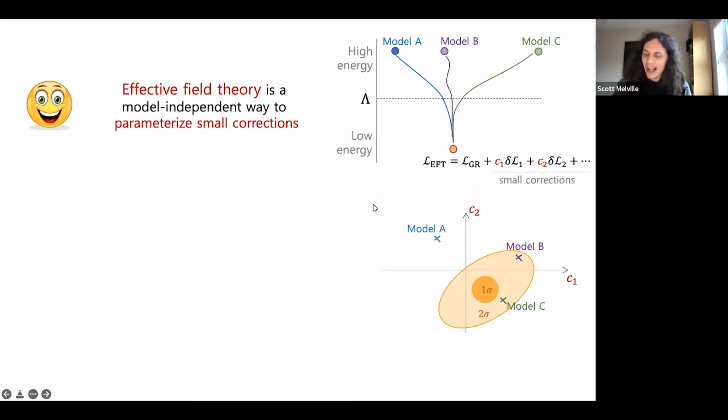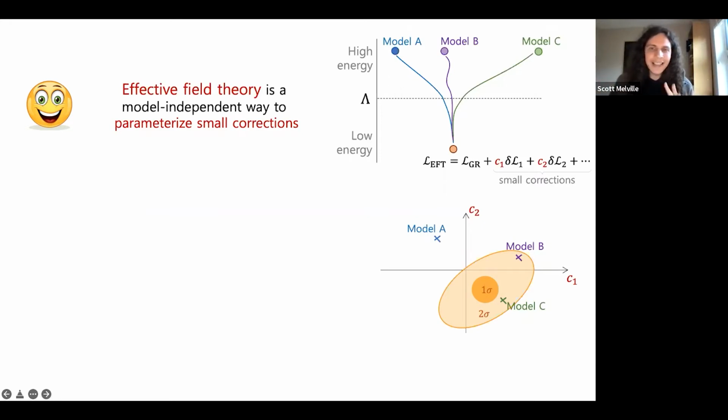So effective field theory is this framework that's very widely used in cosmology because it gives us a way to parameterize the small corrections that we would expect to see at low energies as a result of some unknown yet to be detected high energy physics.